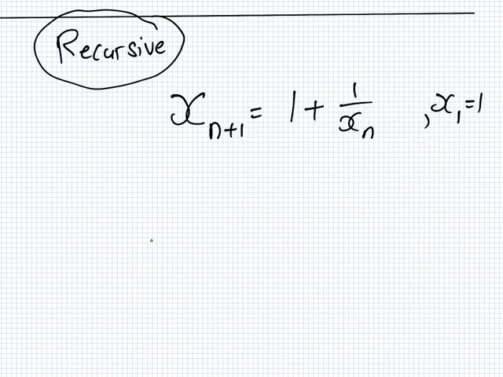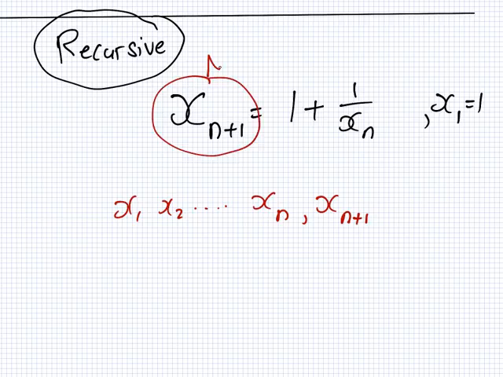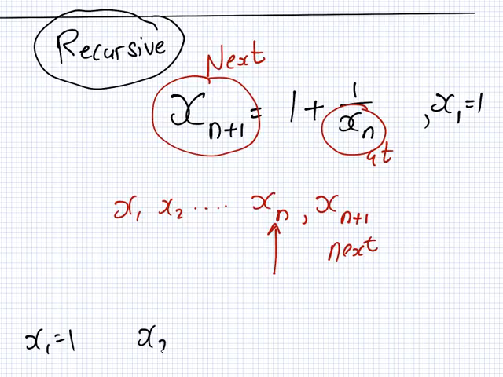Because if you think about it, if I have x1, x2, xn, what's the next term? n plus 1, xn plus 1. So this represents what comes next, and this is the term that you're at. So it's like you're here, and this formula can only tell you what's next. For example, if you start at 1, then the next term would be 1 plus 1 over 1, which is 2.